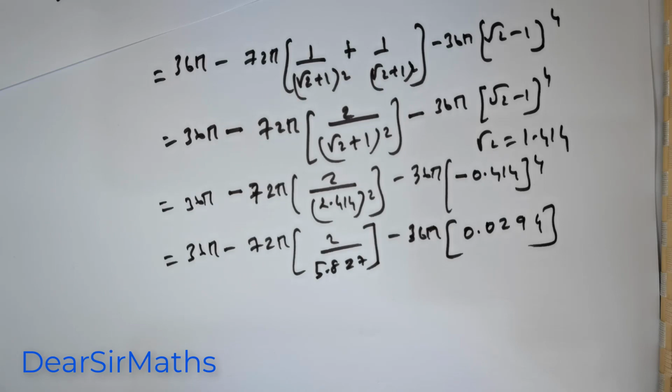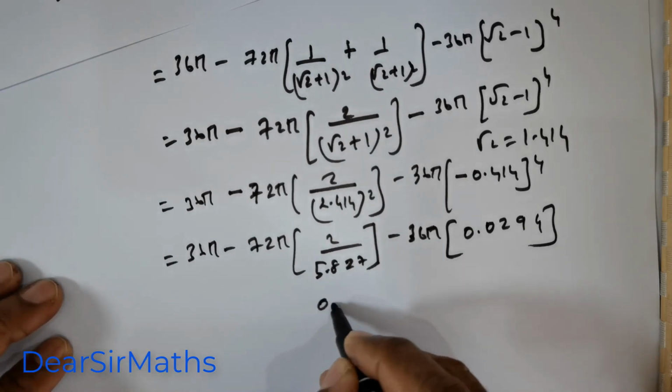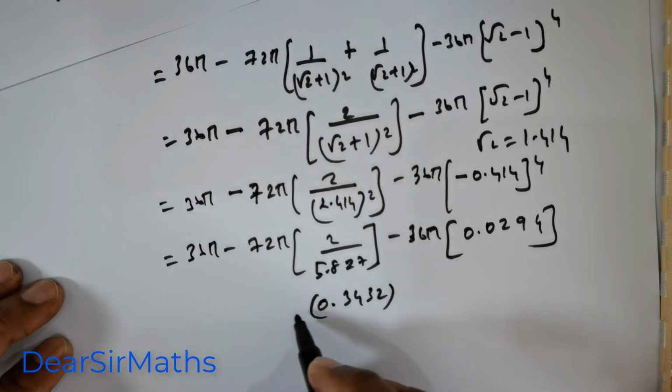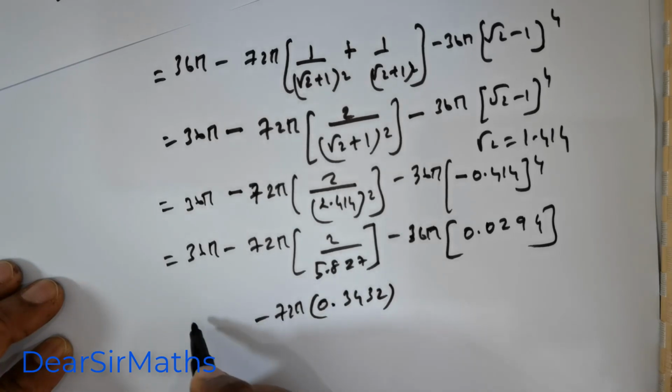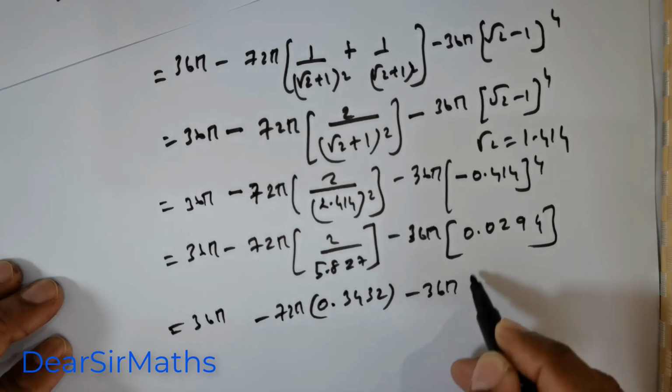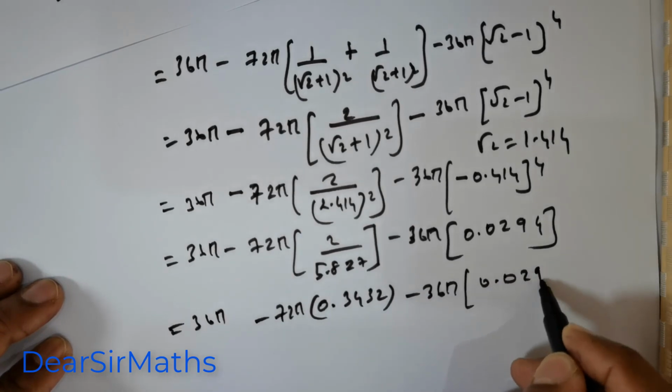So let me do that. 2 divided by 5.827. So that's going to be 0.3432 multiplied with 72 pi negative 36 pi, and you got 36 pi times 0.0294.